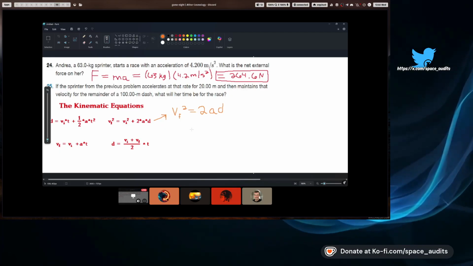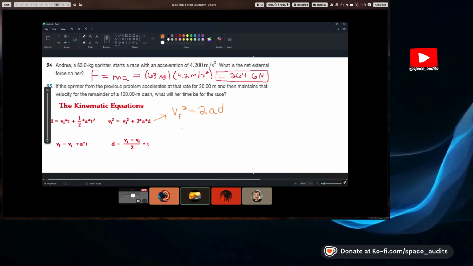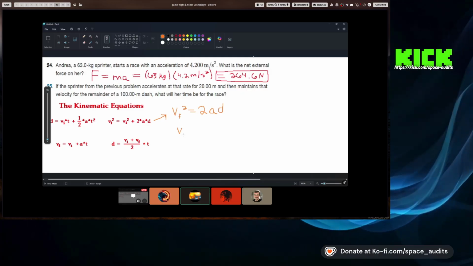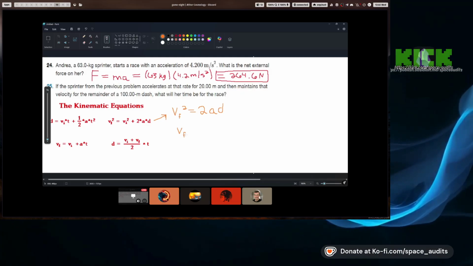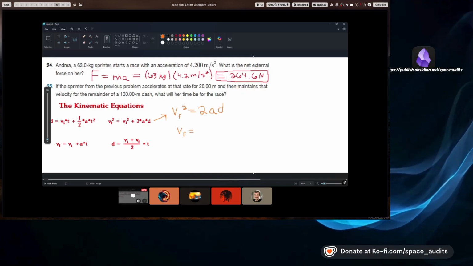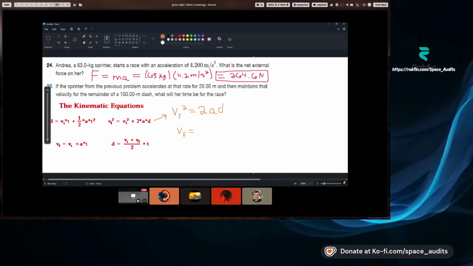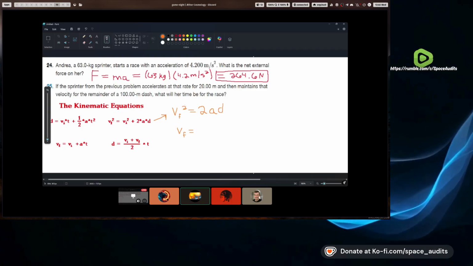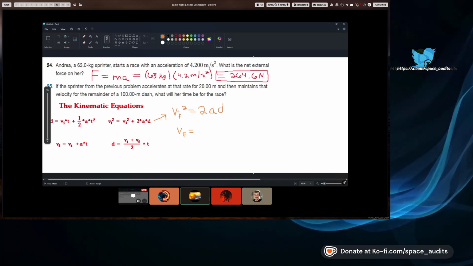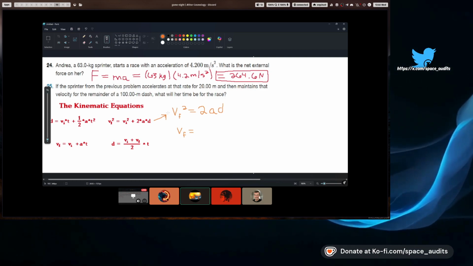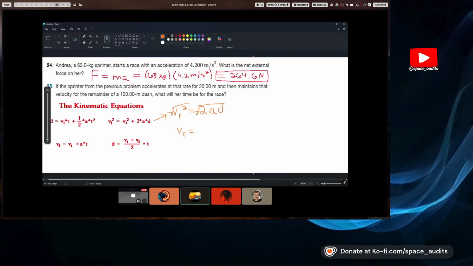So that means that velocity final, remember what we can do with this square? We can do a square root to get rid of it. Whatever we do to one side of the equal sign, we got to do to both sides. So if we square root this side, we got to square root that side.